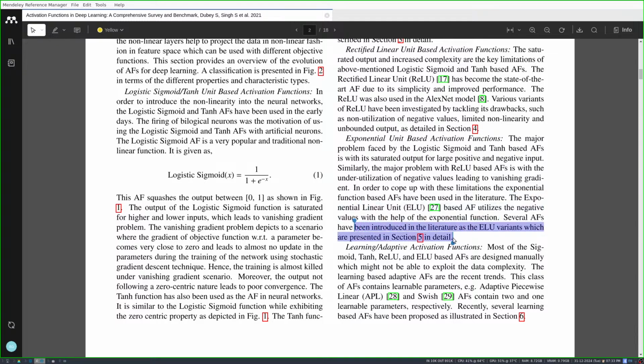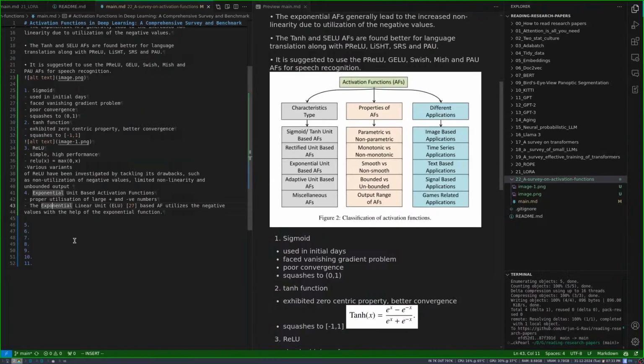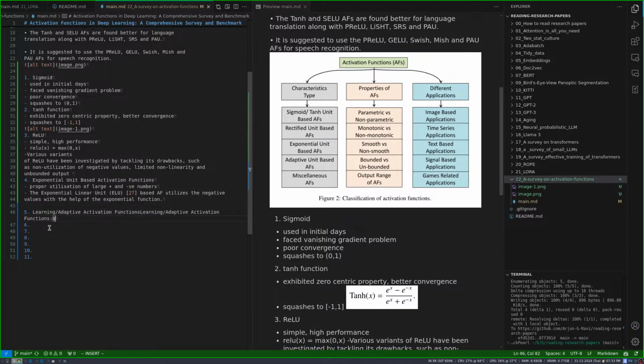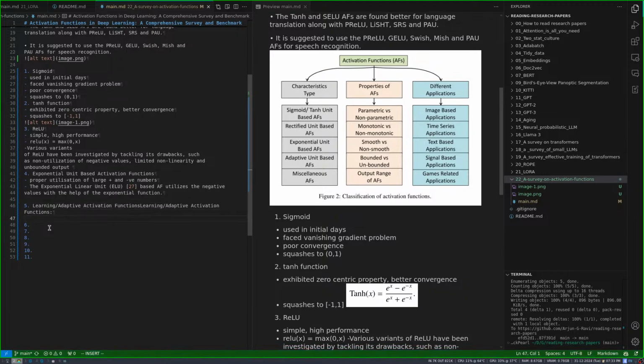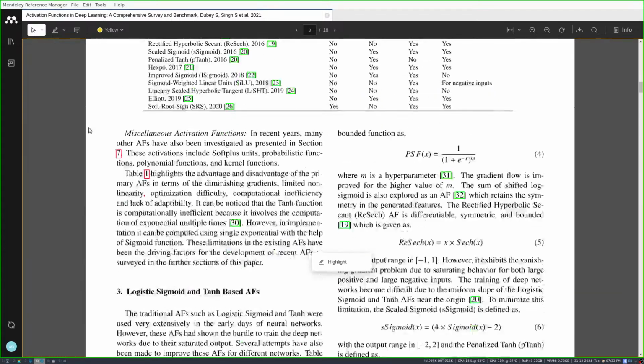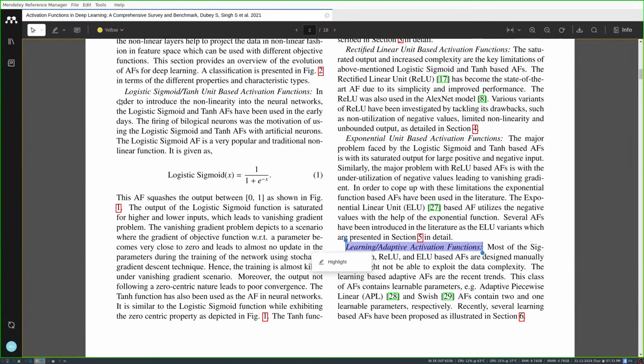Learning or adaptive activation functions. Most of the activation functions are designed manually, which might not be able to exploit the data complexity.